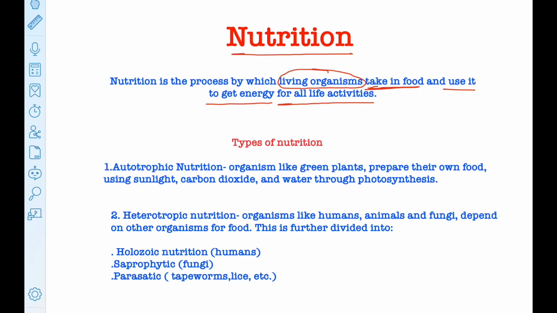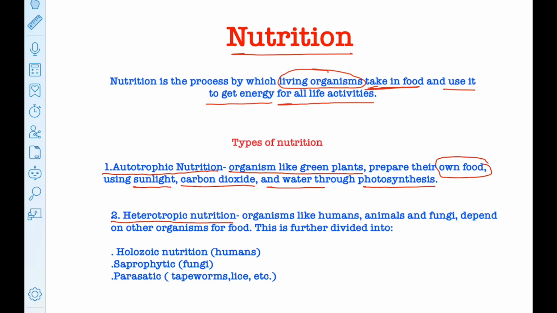First one is autotrophic nutrition and second is heterotrophic nutrition. Autotrophic nutrition occurs in organisms like green plants that prepare their own food using sunlight as a source of energy, carbon dioxide and water through a process known as photosynthesis, that we are going to discuss in our next video.